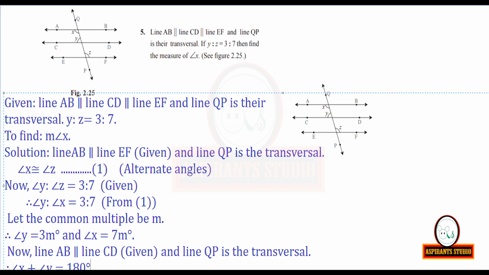Now, put the values over there. Measure of angle X is equal to 7m degrees and measure of angle Y is equal to 3m degrees. So, our equation becomes 7m plus 3m is equal to 180 degrees.